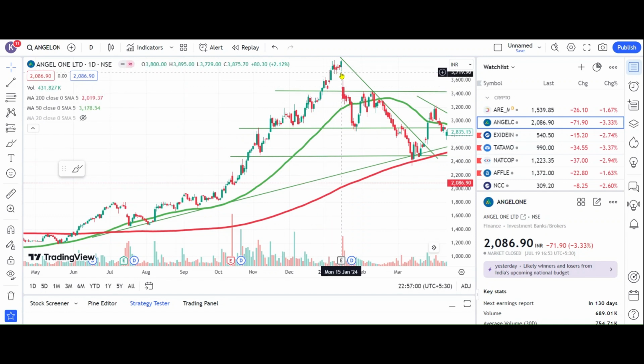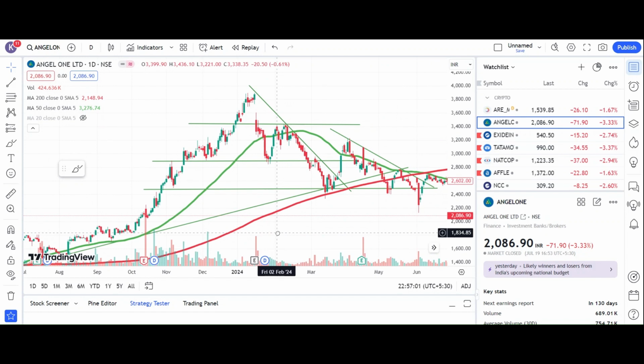It was strong till here, but the time it cut the 50-day moving average downwards, at this point where you are seeing on my screen, from here it has drastically come down. The price has come down a lot.